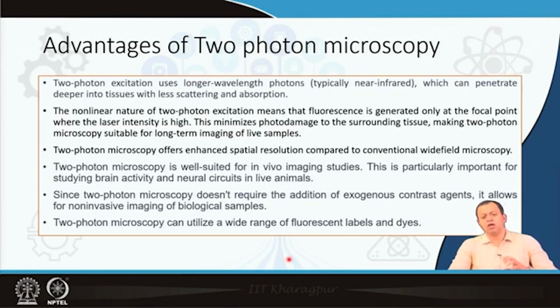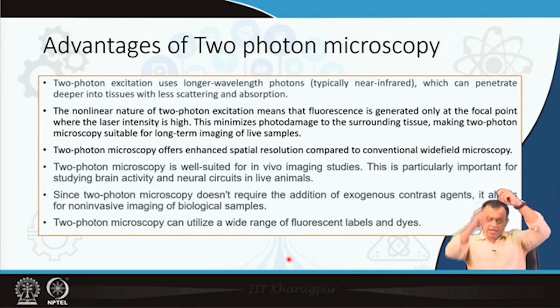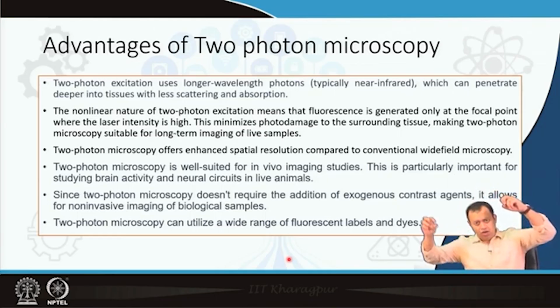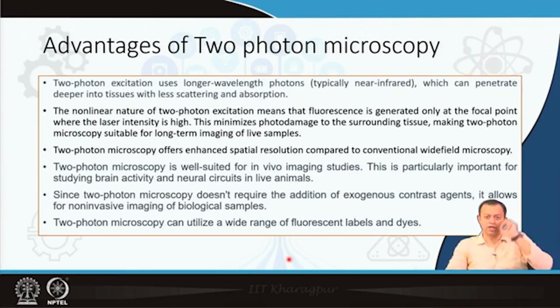Instead of sending one higher energy photon that excites an electron of a fluorophore from a lower level to an upper level, and then the electron moves from upper to lower emitting a low energy photon, here you excite using a nonlinear process, you send two photons. In this particular case, second order nonlinearity, you excite two photons.